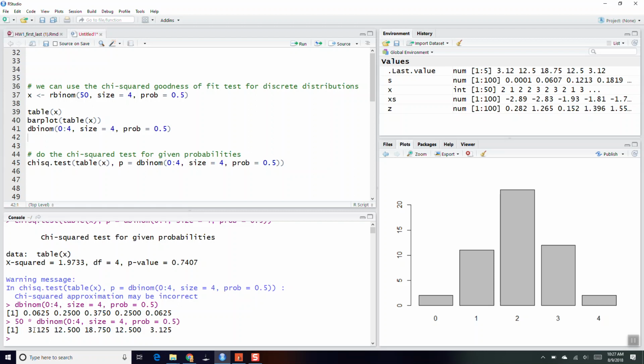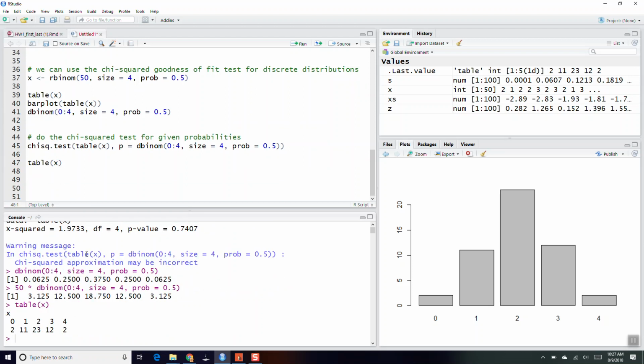And so what you might have to do, and this can be a little bit tedious, is that when you tabulate your X's, you might have to collapse the smaller categories. So instead of having the categories 0, 1, 2, 3, and 4, we might have to collapse the 0 and the 1 together, and the 3 and the 4 together.